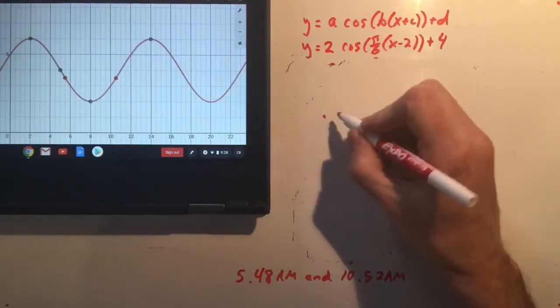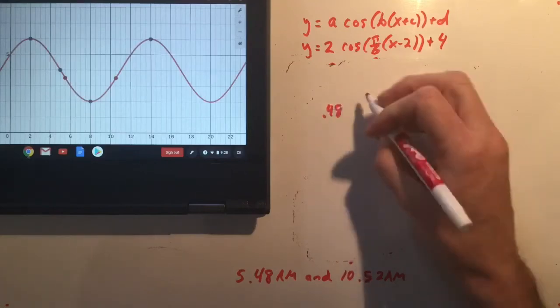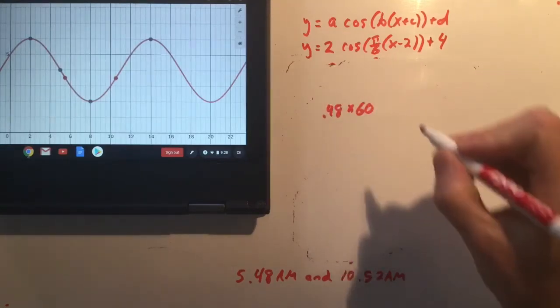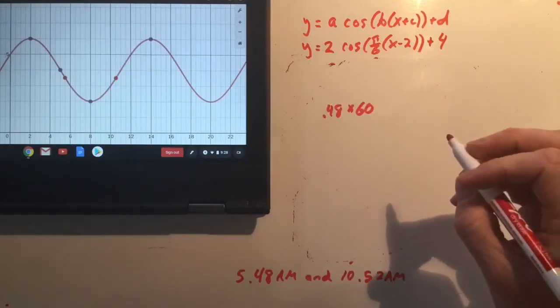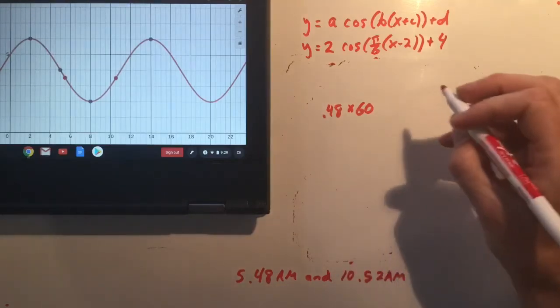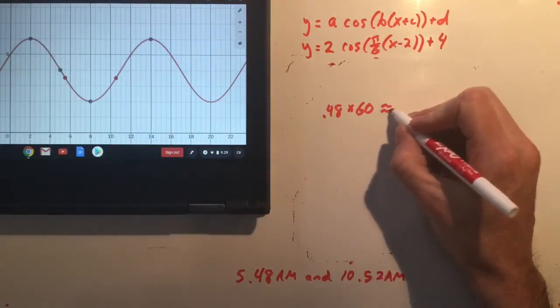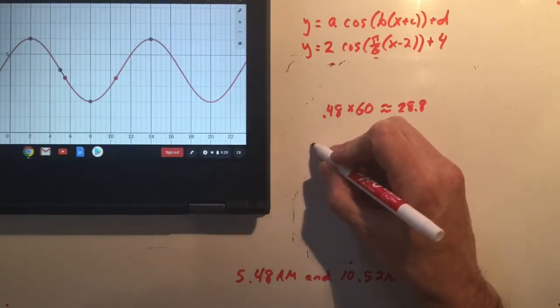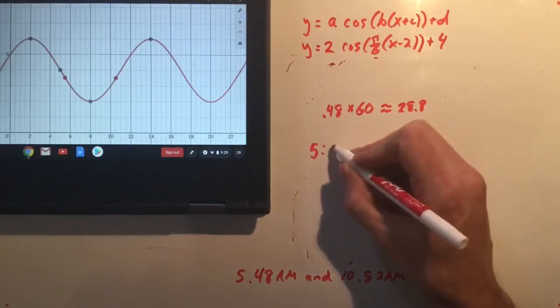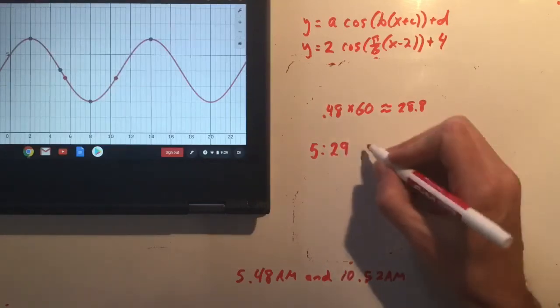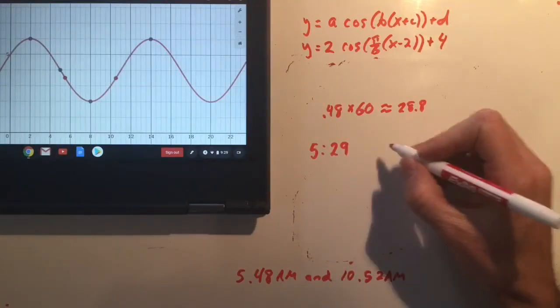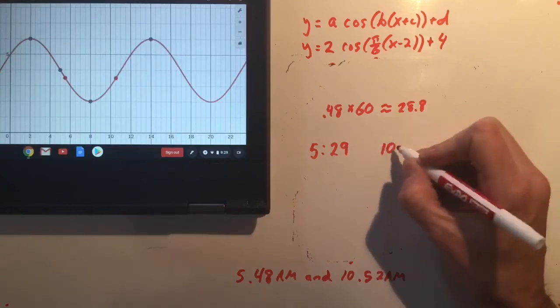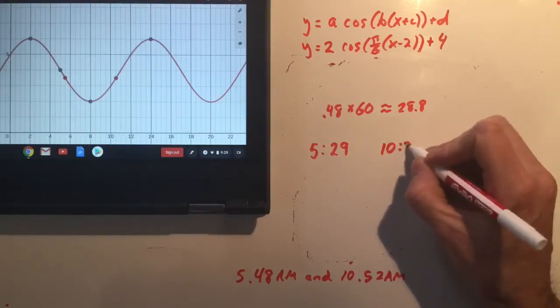0.48 a.m. So we're talking about 0.48 of an hour. So 0.48 times 60. And that is going to give me 28.8 minutes. So we can say approximately 5:29. Similarly, we do the same thing with 10.52, and that gives me approximately 10:31.